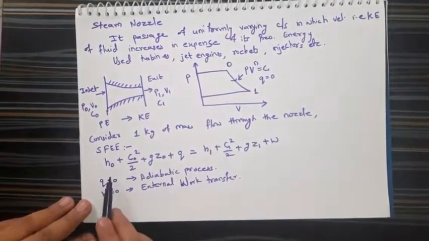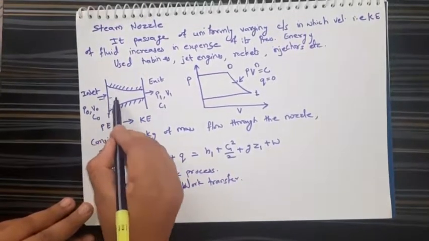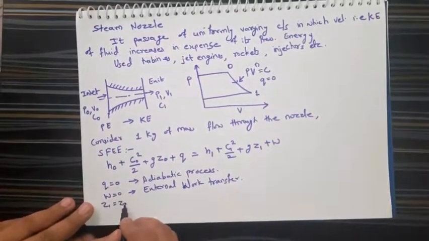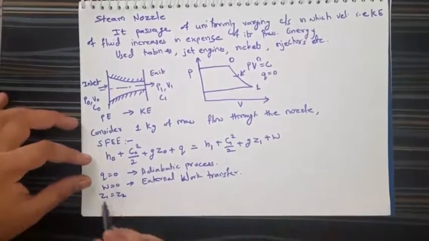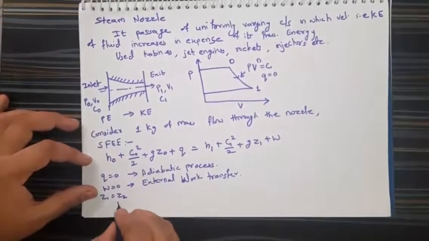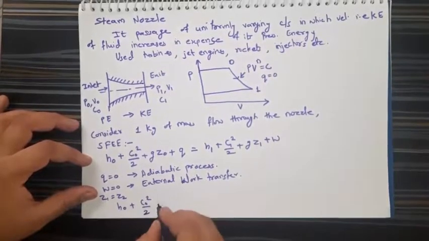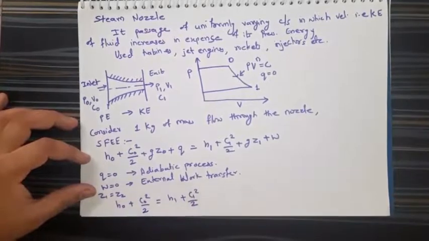Also this is at the same level, so Z1 equal to Z2. Now let's rearrange the equation by putting all these values over here. We will get H0 plus C0 square by 2 equal to H1 plus C1 square by 2.